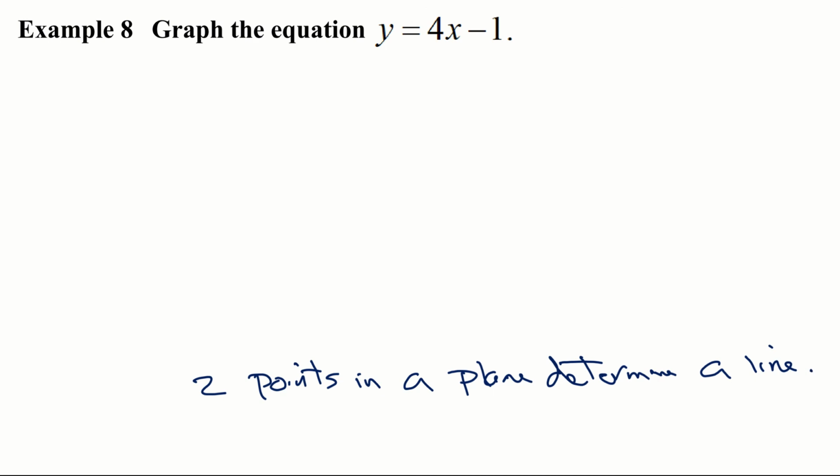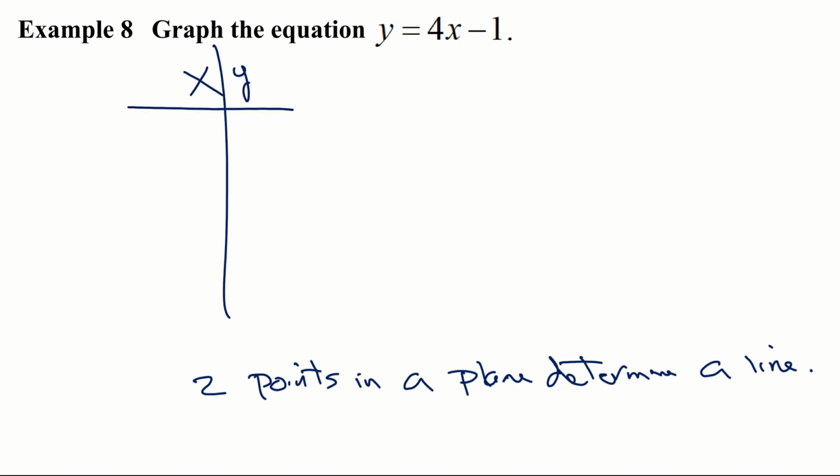Okay, so in actuality, all we need is to plot 2 points. Now, oftentimes we do 3 points just to make sure we didn't make any kind of mistake. But if you are very careful, you can really get away by just plugging in and finding 2 points. So why don't we do that?